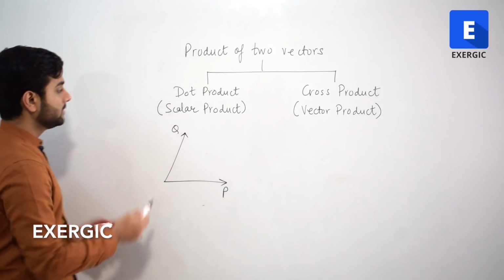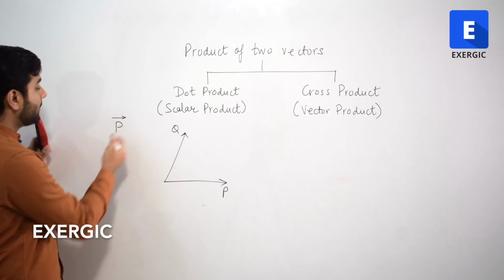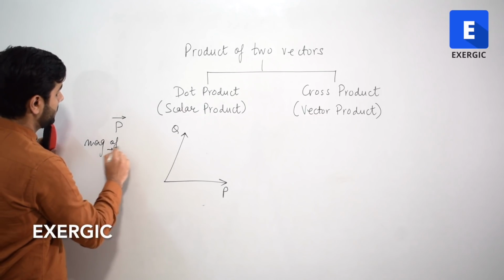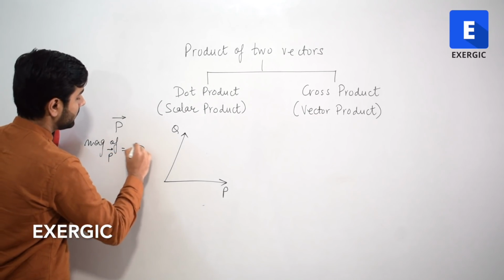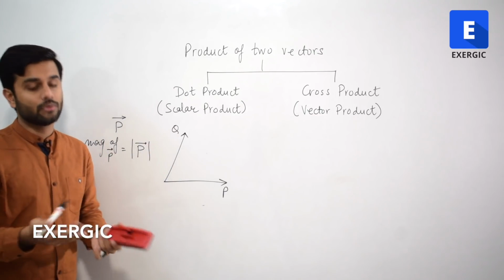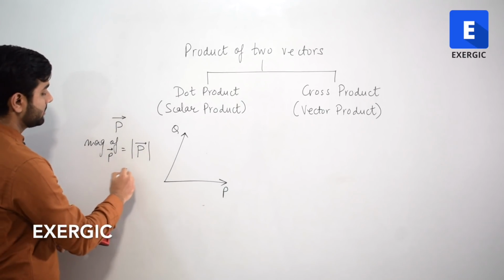If p is a vector, then it is represented by p and an arrow above it. The magnitude of this vector, magnitude of vector p, is denoted by p vector and mod around it, which tells the magnitude of the vector. Or in casual language, we directly write it as p.